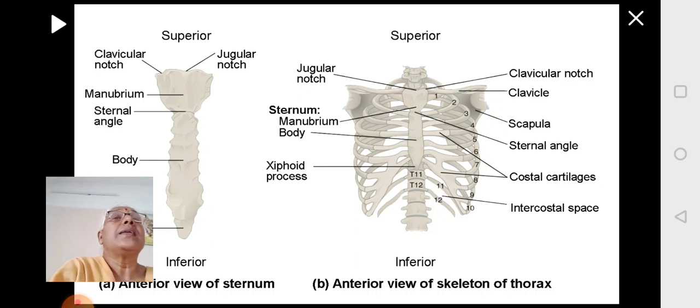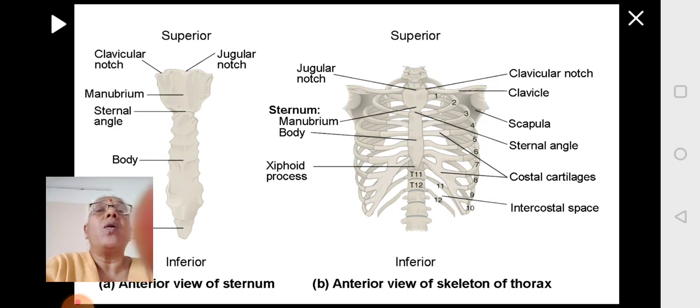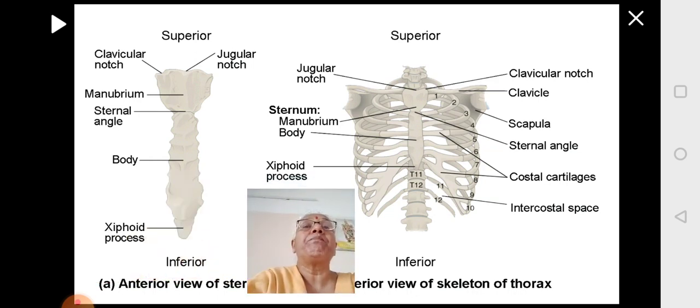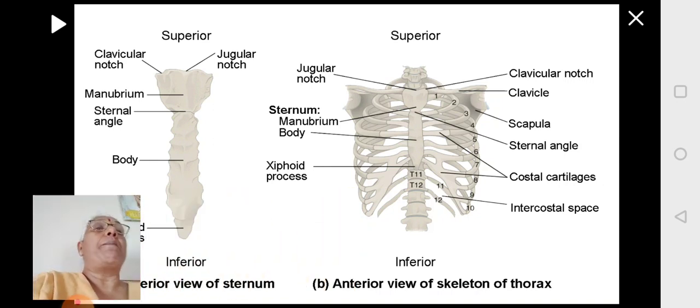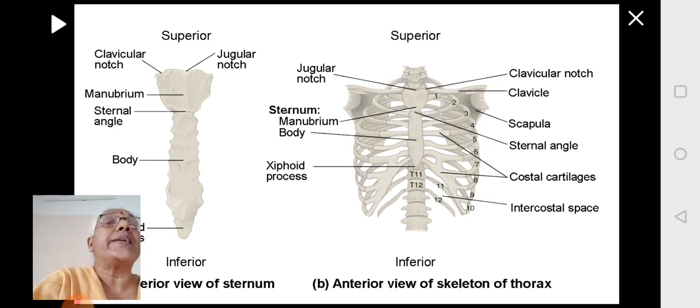Now here you can look at the formation of the rib cage. On the left side you have the sternum. The sternum forms the middle part of the rib cage on the ventral side. On the dorsal side the backbone is there. The ribs are attached to the sternum on the ventral side and to the vertebral column on the dorsal side. You can see here the ribs will come and the costal cartilage will attach the rib to the sternum.